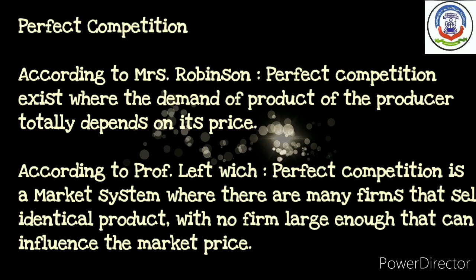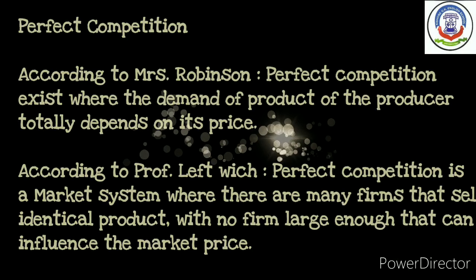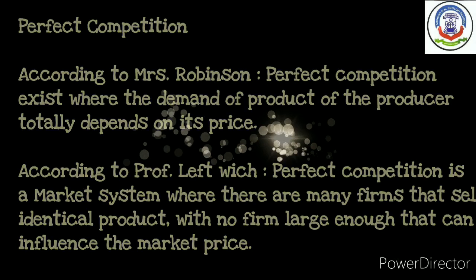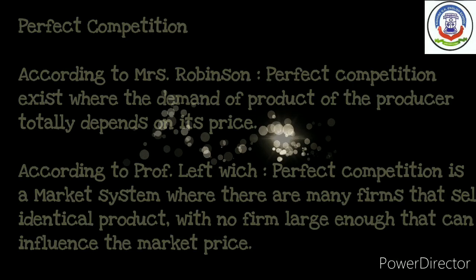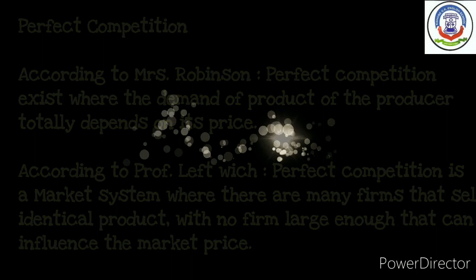And according to Professor Leftwich, perfect competition is a market system where there are many firms that sell identical products, with no firm large enough to influence the market price.